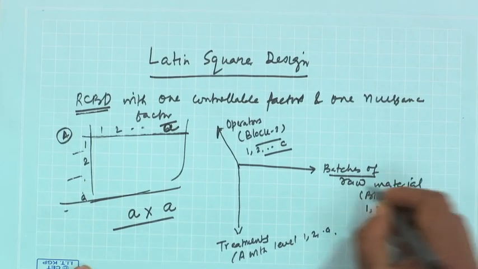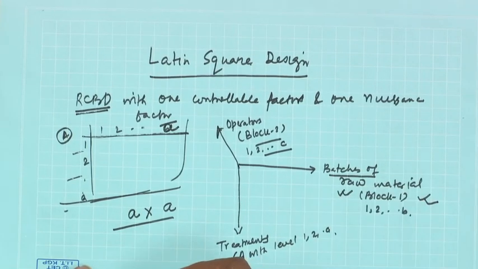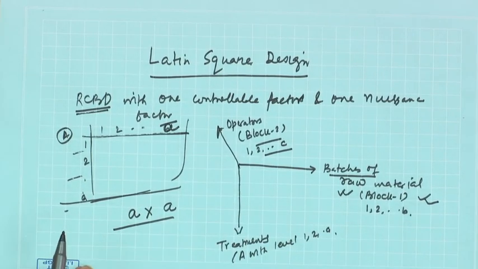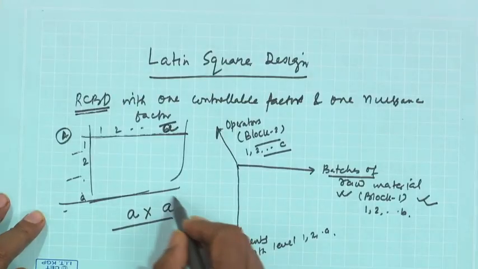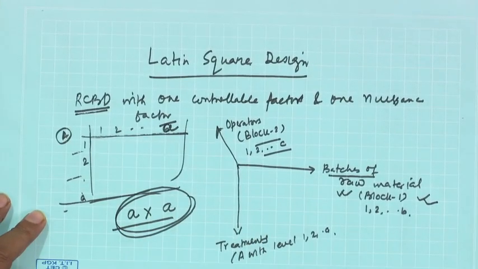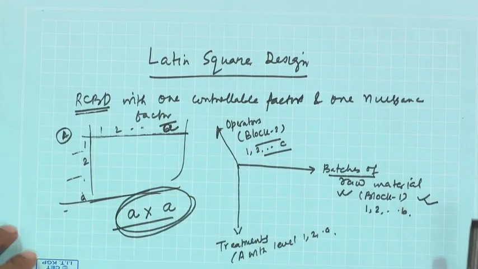So, this takes care of the first block. Then what will happen to the second block, and how do you adopt this one without increasing the number of experiments? So, this is a special kind of thing.